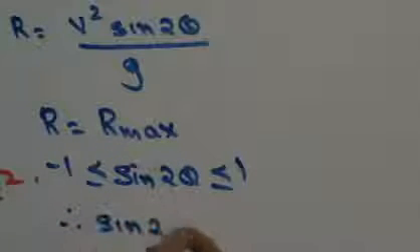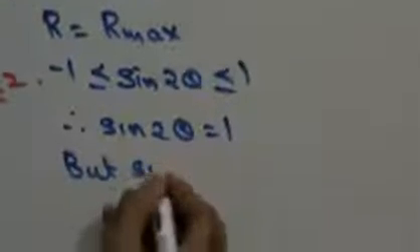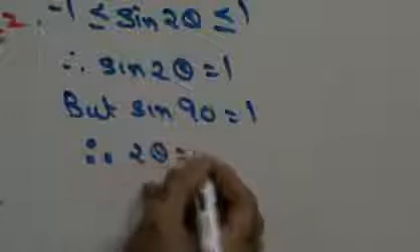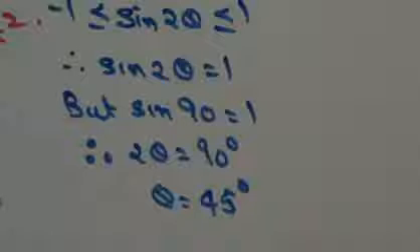If sin 2 theta is 1, I will get R equal to R max, but we know that sin 90 is equal to 1. Therefore, for maximum distance, 2 theta should be equal to 90 degrees and theta should be equal to 45 degrees. So if I project a missile at 45 degrees, it will cover maximum distance.